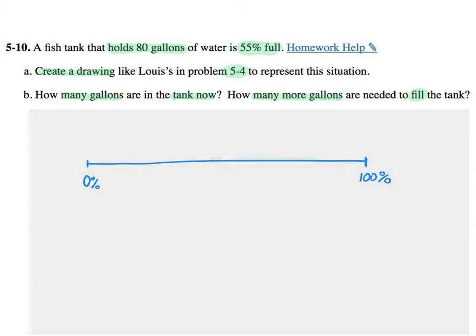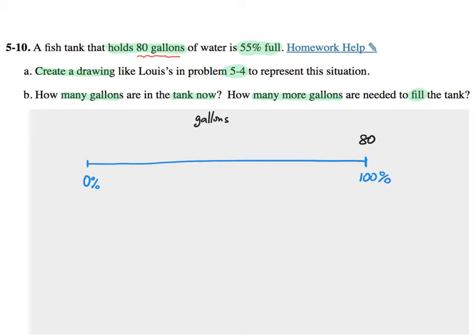Now, using the information, where do we record 80 gallons? It says it holds 80 gallons, so that means the total. So on top, I'm going to be recording gallons of water, and specifically 80 will be the whole number. So 80 for all of it full together.